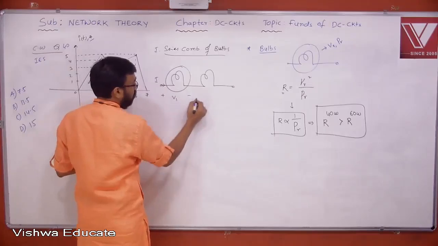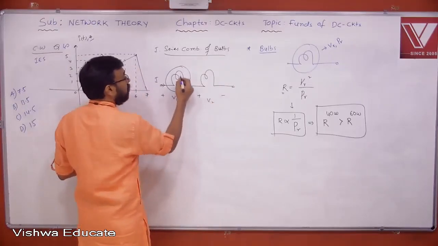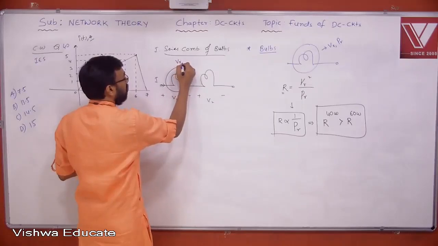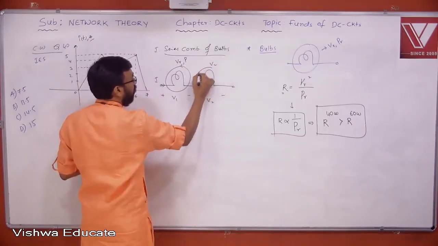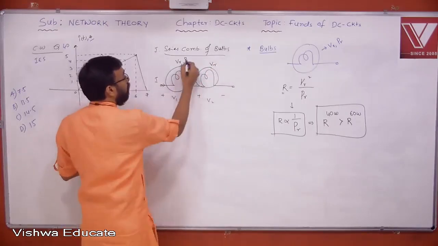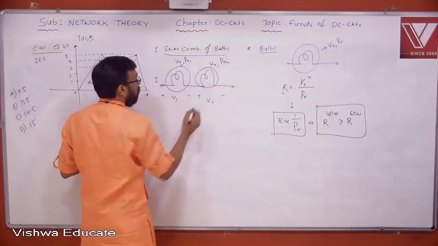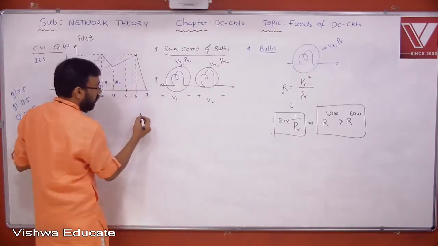Yes or no? The voltage gets divided. This is the operating voltage. And the rated voltage of the bulb will definitely be the same as the rated voltage of the second bulb, right? Both the bulbs are rated at the same value, no doubt. But power ratings are different. One is 60 watt, the other is 40 watt, it might be. Yes or no? Then, what do you get here?